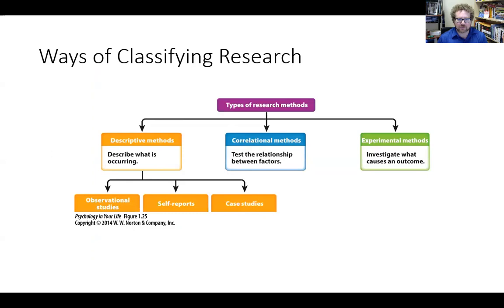Let's say you have a preschool teacher or an elementary school teacher who wants to measure how many instances of aggression are occurring on average per day within that particular teacher's classroom, and which children are engaging in most of the aggressive behaviors. So you might conduct an observational study where the teacher would have a behaviorist come in and document all the instances of aggression and which children engaged in which aggressive behaviors at which times.